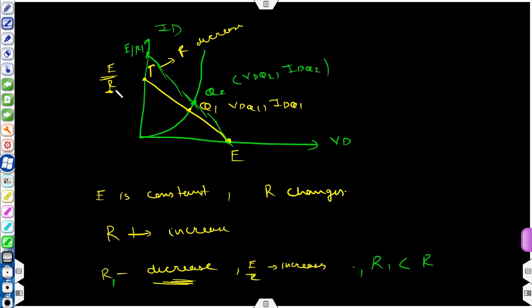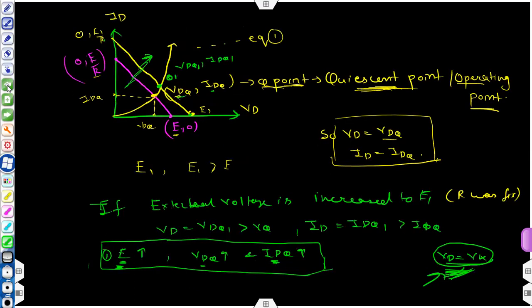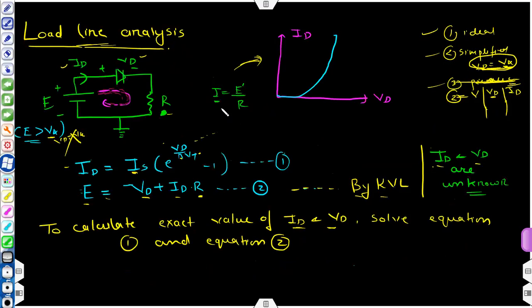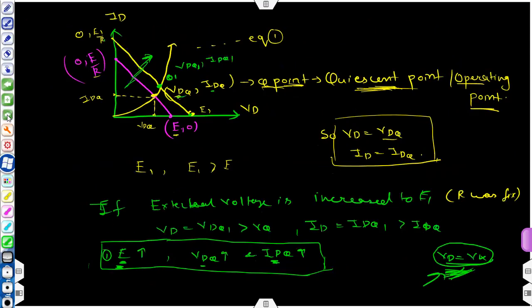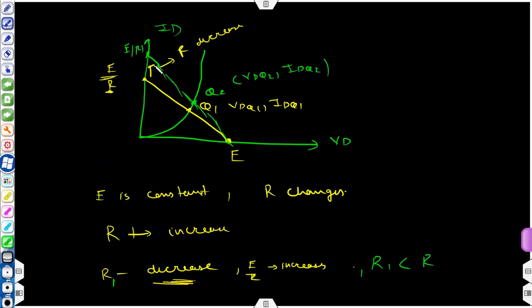So it is obvious that if you decrease the value of R, I is going to increase. This was also happening in the ideal case: decrease the value of R, I is increasing.